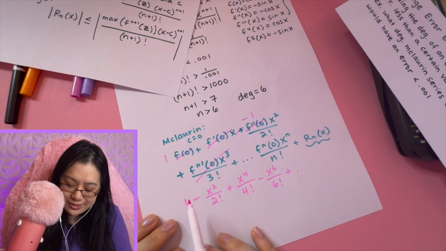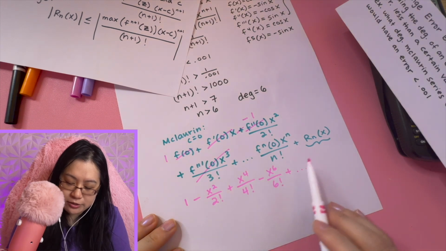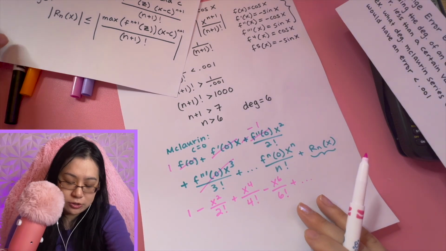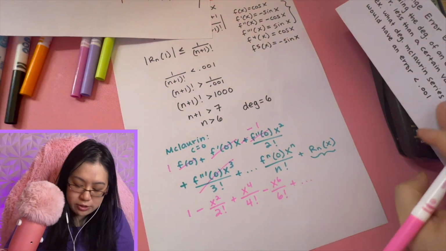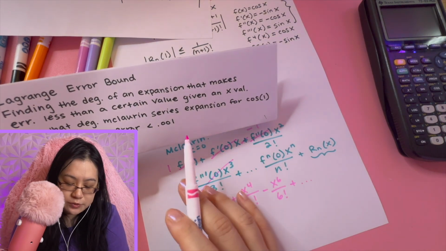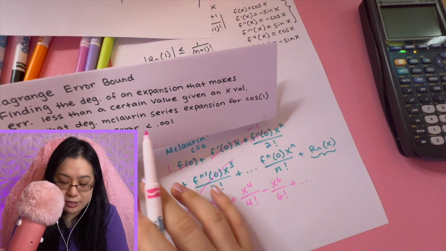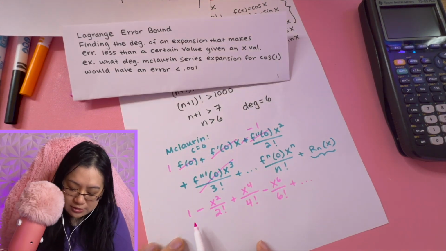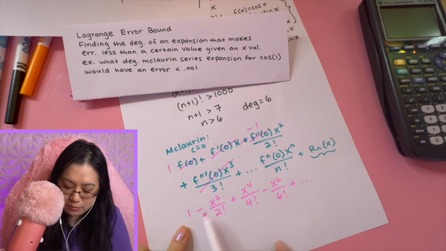But anyway, the whole point is that you have this nice pattern here for the actual expansion. Our answer was that we could go up to a degree of 6 to get an error that's less than 0.001. Remember that there are actually secret in-between terms.